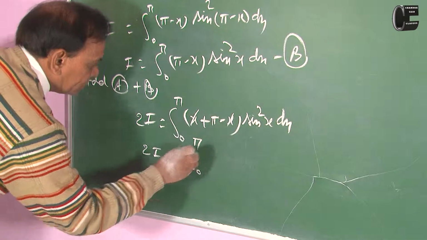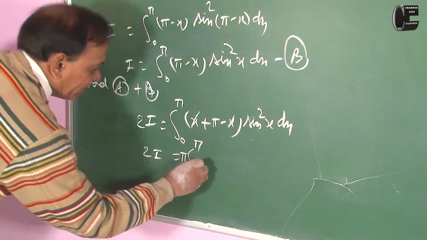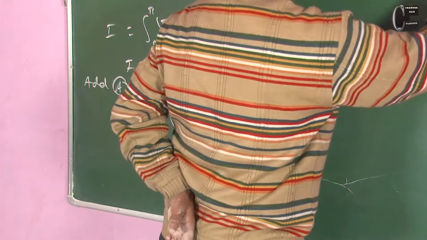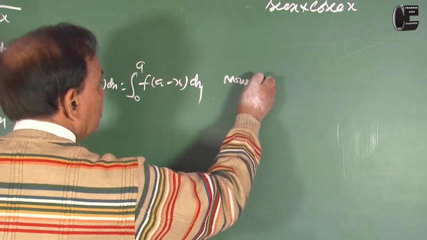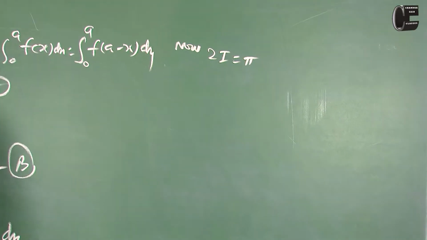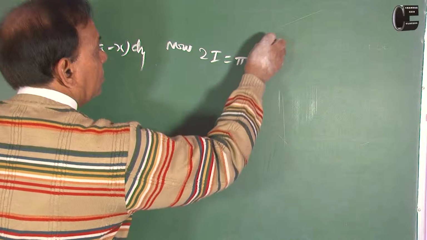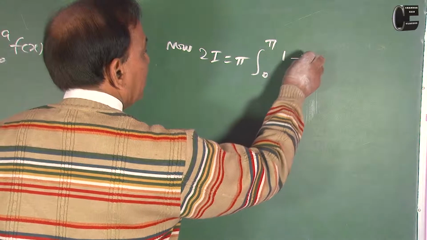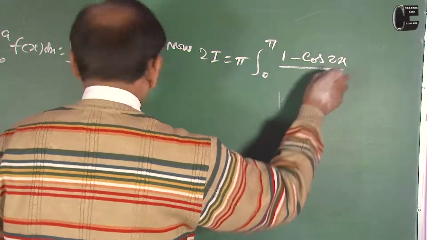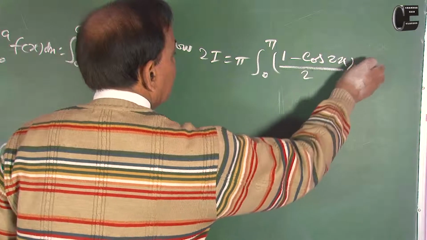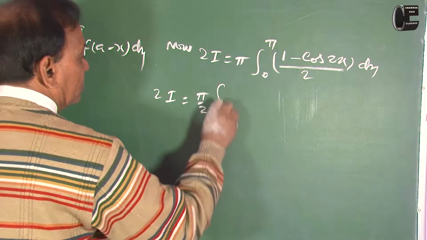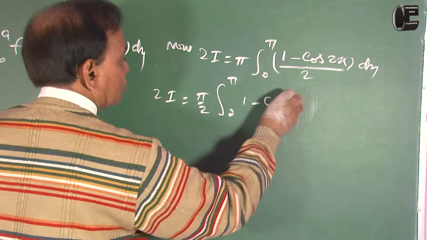0 to pi, take out, sin square x dx. Now 2I equal to pi, 0 to pi, for sin square x, put 1 minus cos 2x divided by 2, dx. 2I equal to pi by 2, 0 to pi, 1 minus cos 2x.